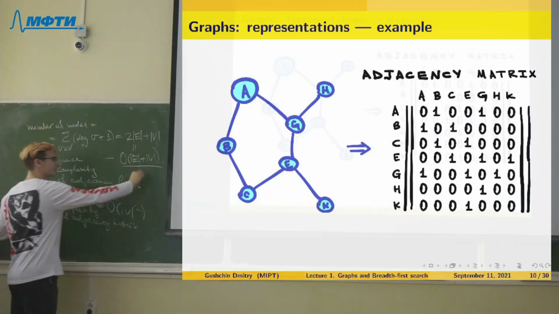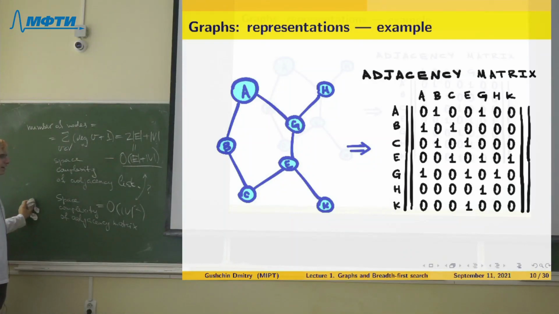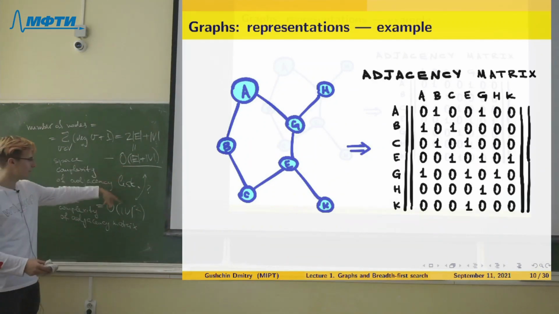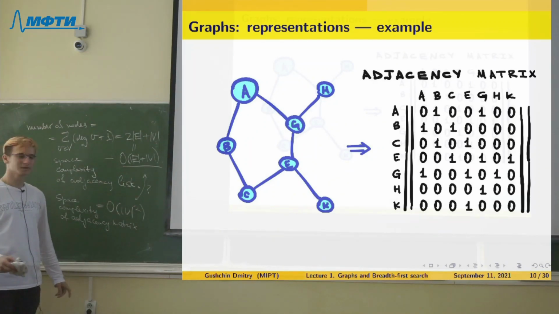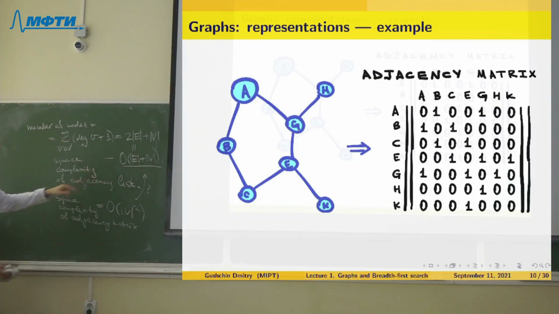Okay. And what is better? It's different. Are they different upper bounds, or do we have graphs that have similar upper bounds for this representation and this?